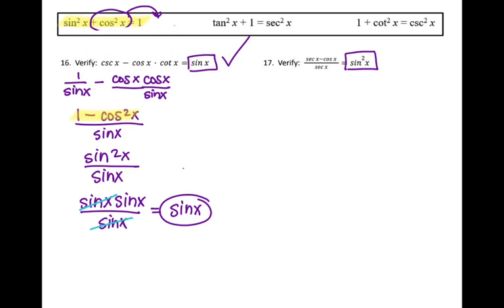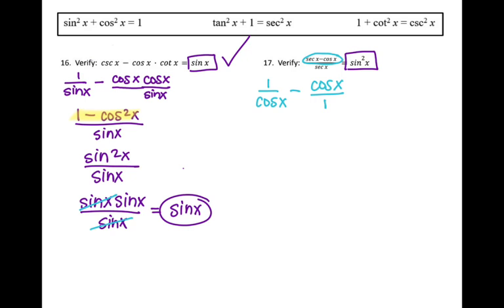All right, last one. I notice that I'm subtracting in my numerator and then I'm dividing. I'm going to just focus on the numerator first. I'm going to do it in blue. So cosecant is 1 over cosine minus cosine of x, which is cosine over 1.